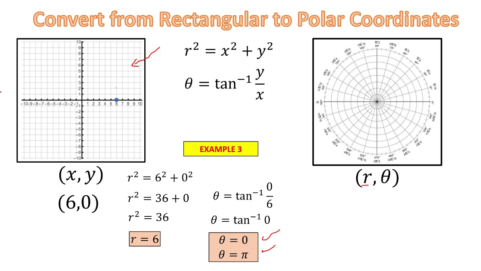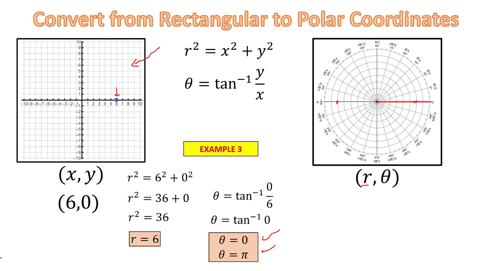Now, it's evident I cannot use the angle pi because if you use pi, it would have to be on this side. But no, it's on this other side because it's on the positive side. Now, the corresponding angle is 0, not pi.